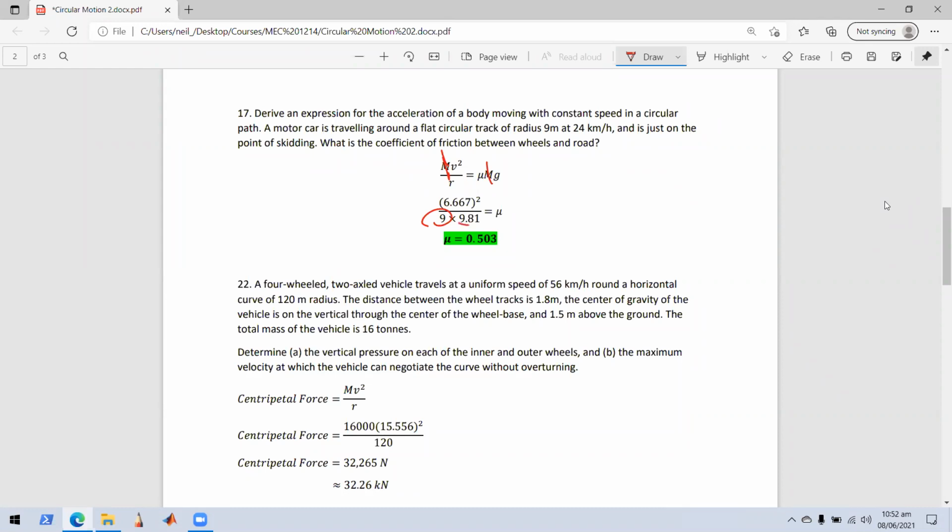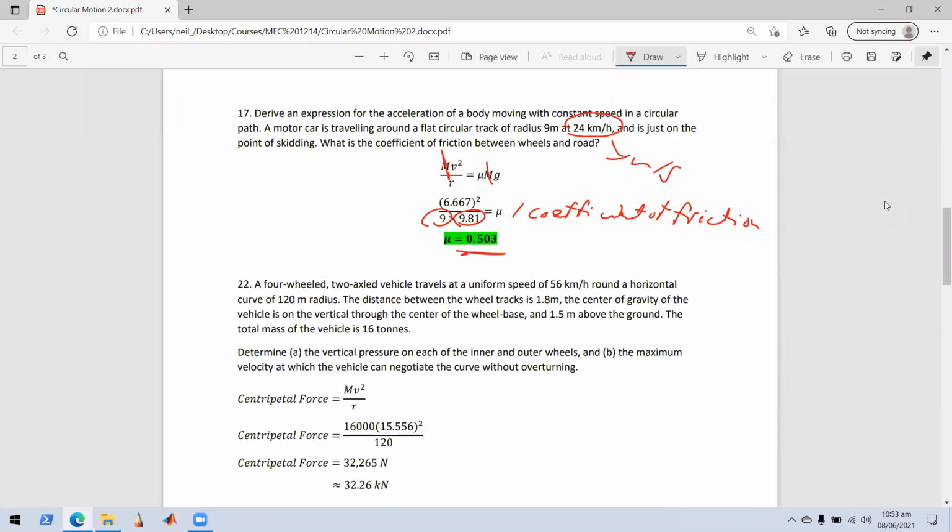Gravity is 9.81. The velocity, of course, we need to convert to meters per second, and we should get 6.667. We square that, finding mu, or the coefficient of friction, to be mu equal to 0.503, right?